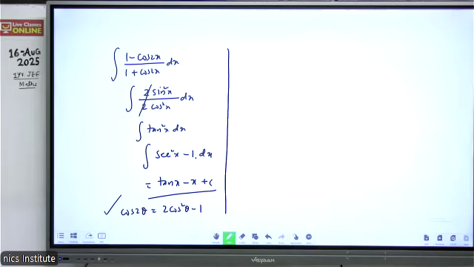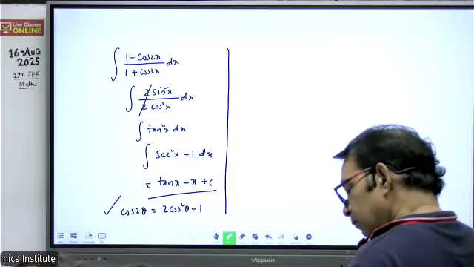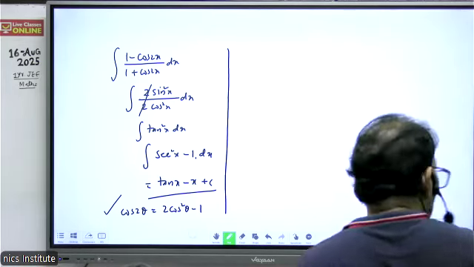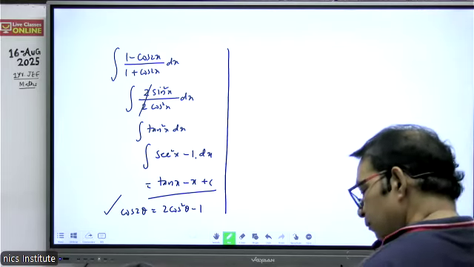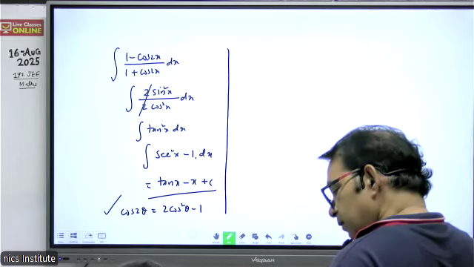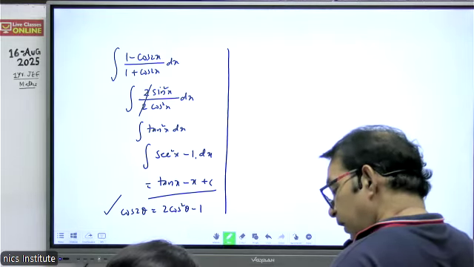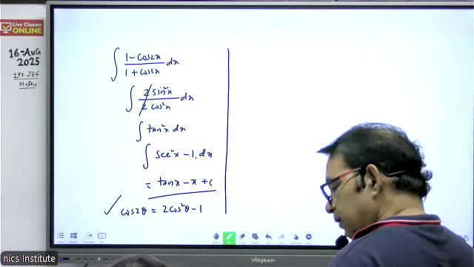You're not integrated. This is tan x sec x. So it will be tan x minus sec x. No. Integration of sec square is tan x. Direct way. Integration of sec square x is tan x. So it will become cot x cosec x. No. Cot x cosec x. It will be tan x sec x.